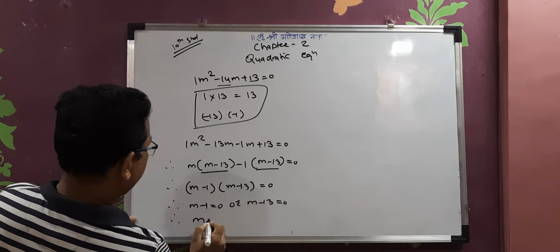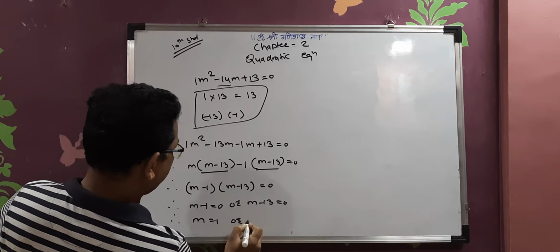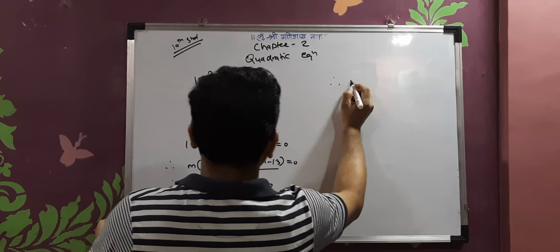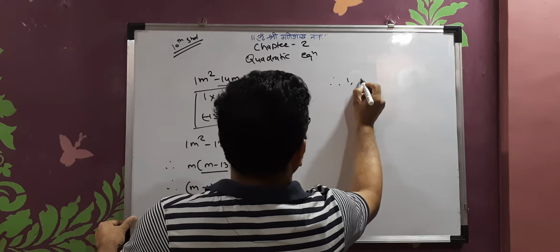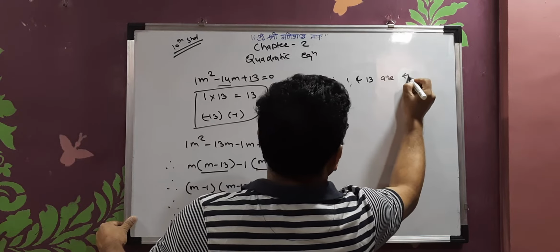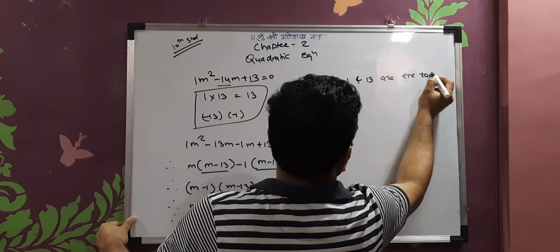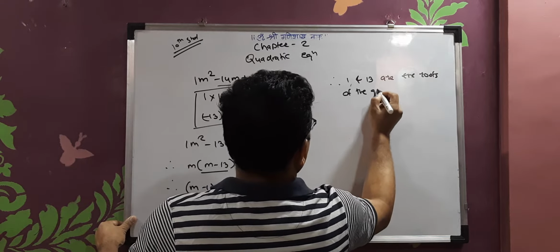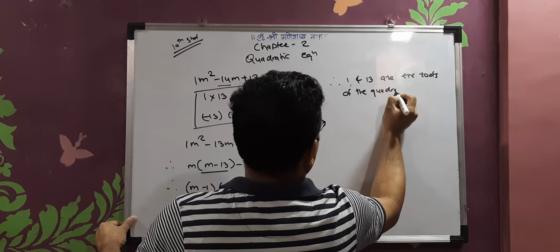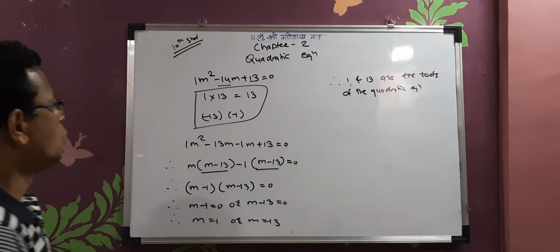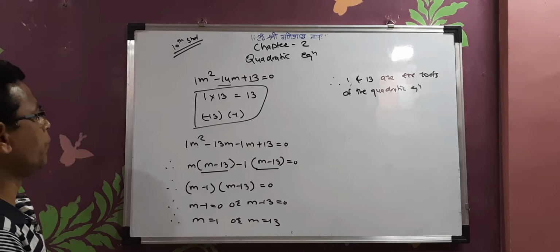So m is equal to 1 or m is equal to 13. So 1 and 13 are the roots of the quadratic equation.